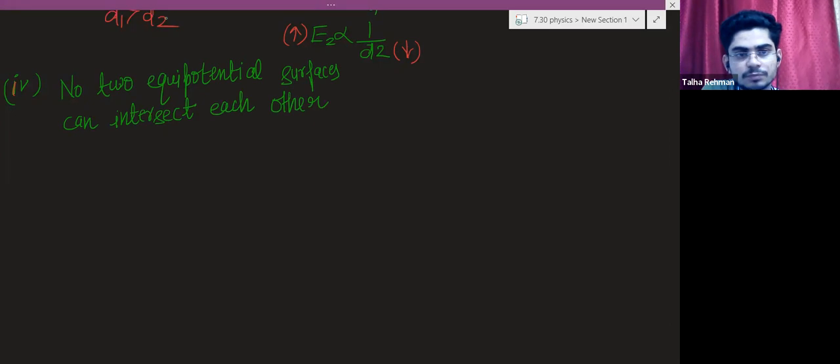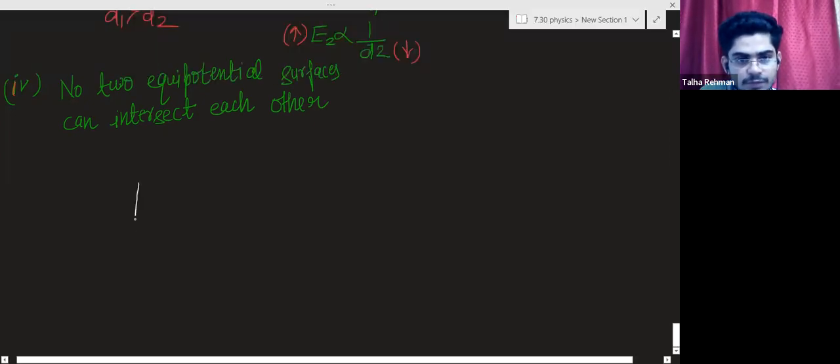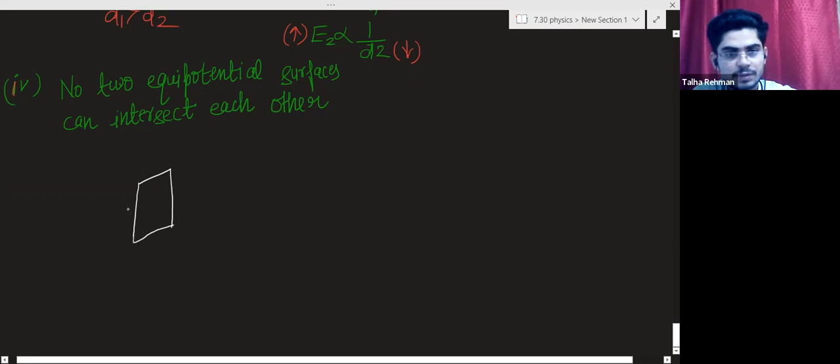Let's see how. Suppose this is one equipotential surface, and this is another equipotential surface.